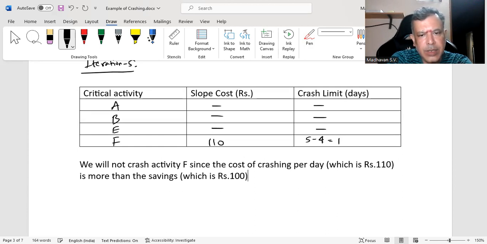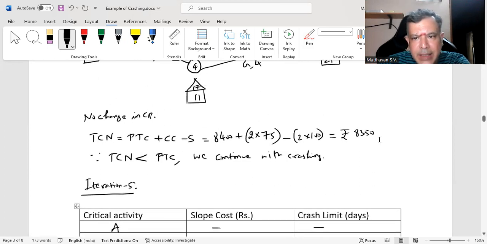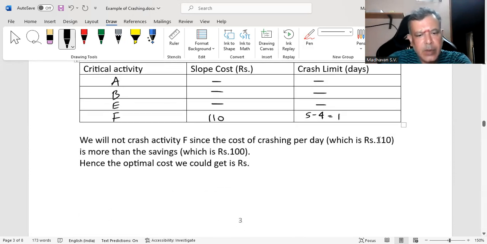It is given in the question, right? Hence, the optimal cost we could get is rupees, whatever was the previous, what was that? 8350 only. 8350.